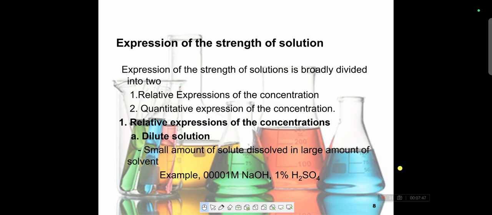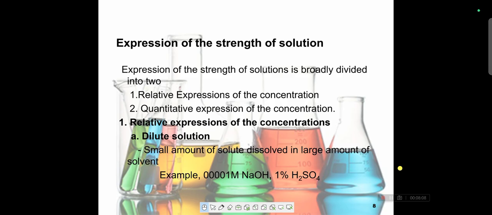First of all, let's study the relative expression of the concentration. The relative expression can be expressed by the dilute solution first of all. So what is a dilute solution? Dilute solutions are the ones where a small amount of solute is dissolved in a large amount of solvent.